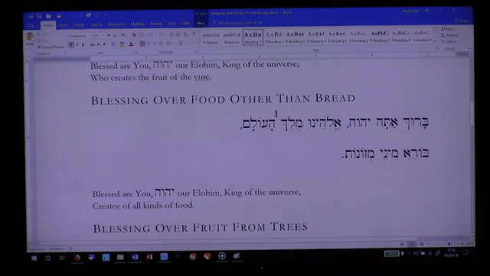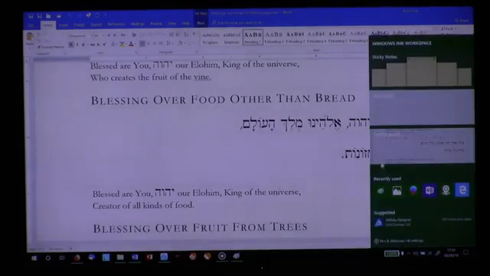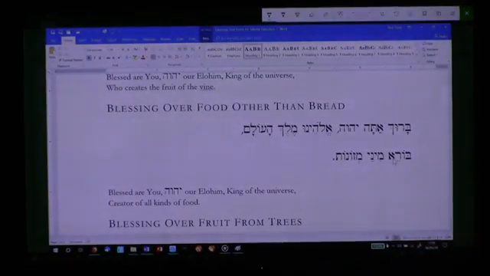Blessing other than bread. This is what we say. Normally you're supposed to say the blessing of the bread over the bread, and the blessing of the wine over the wine, but in a way you're not saying a blessing over all of the food on the table. You're just blessing the bread, although it's perfectly acceptable to say that.